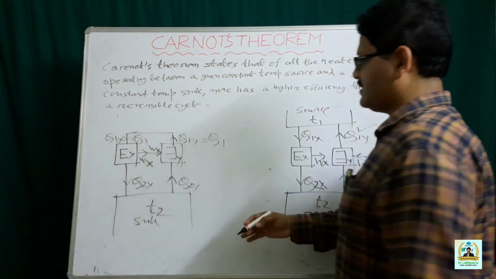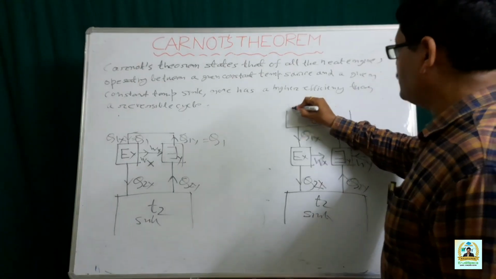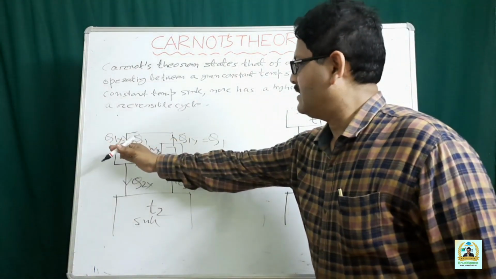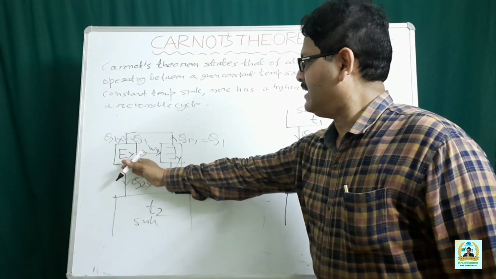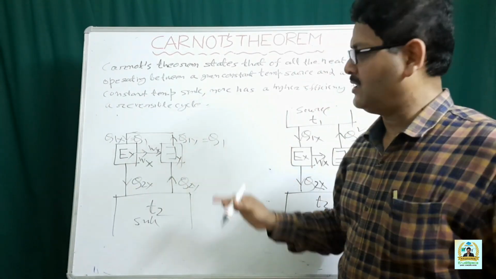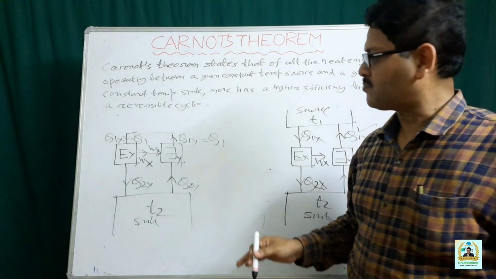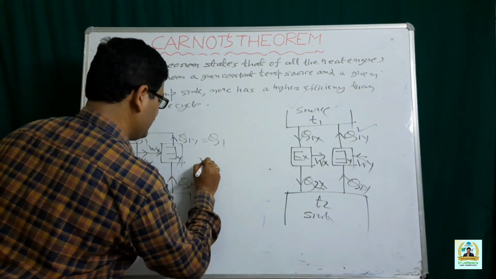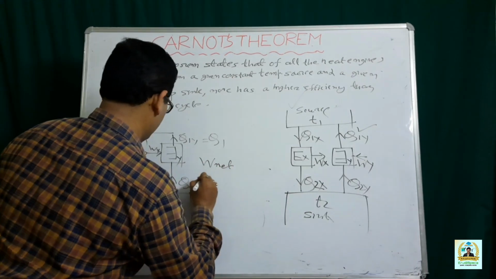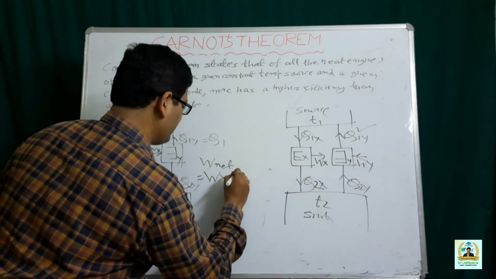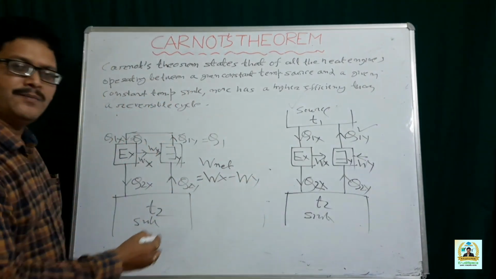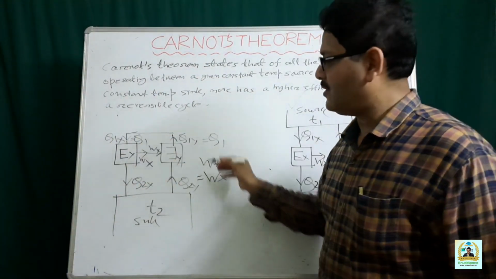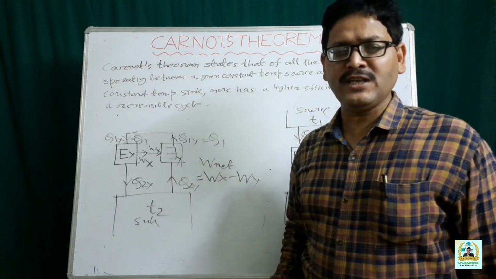So in this case, this source may be eliminated and this heat engine and this reversed heat engine put together is doing net work Wx minus Wy by interacting with a single reservoir maintained at temperature T2.